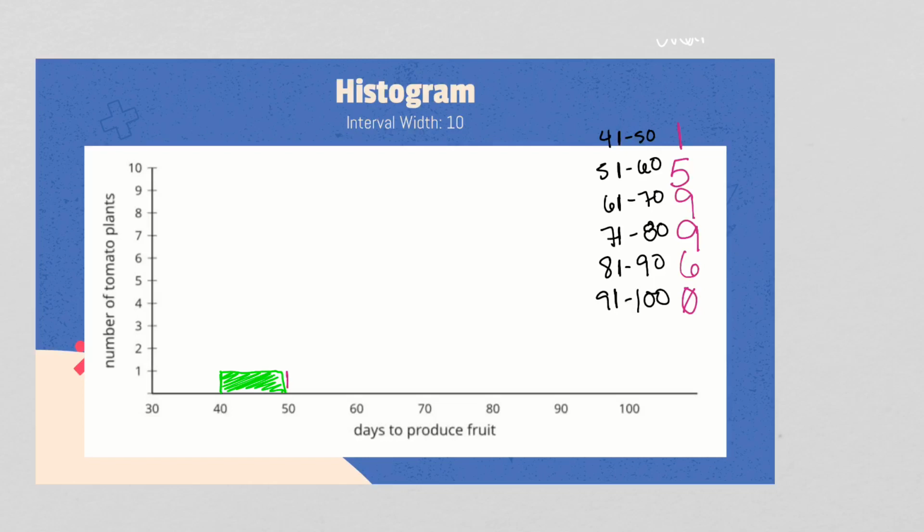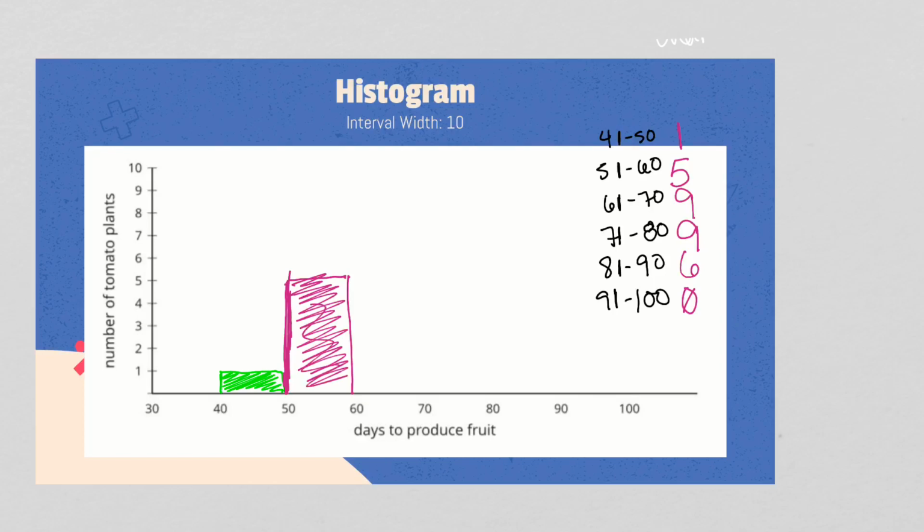So I'm going to take my bar up to the 5 and go across and down. So remember, I said that a histogram should be touching, so the bars should be touching here. So let's color that in.